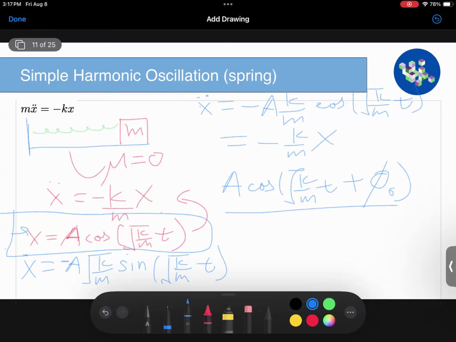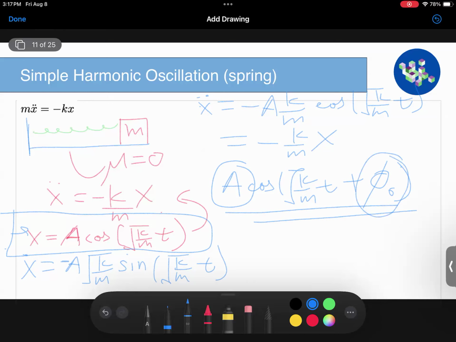This is the most general form of our solution to the differential equation. If you know a bit more about differential equations, you'll know about the number of degrees of freedom. Here we have 2 degrees of freedom: an arbitrary scaling constant, which is our initial amplitude, and an arbitrary initial phase angle.